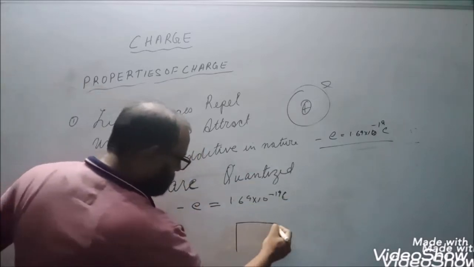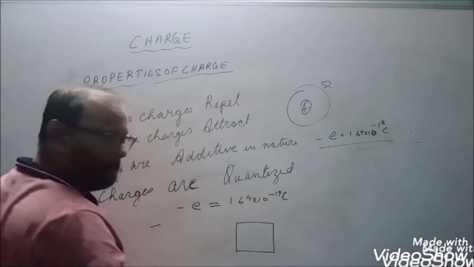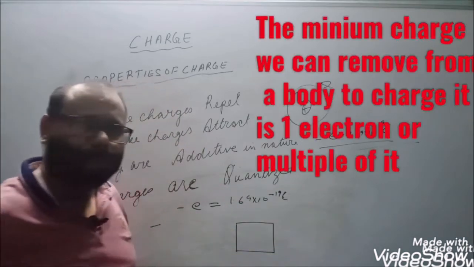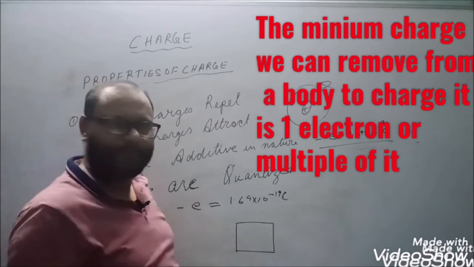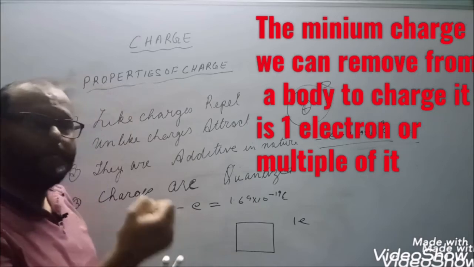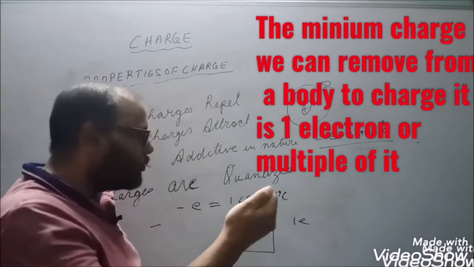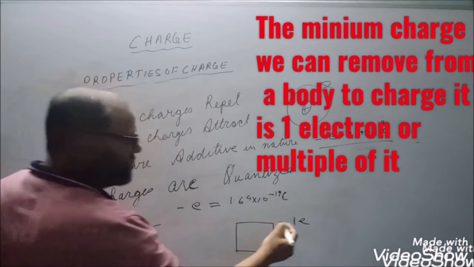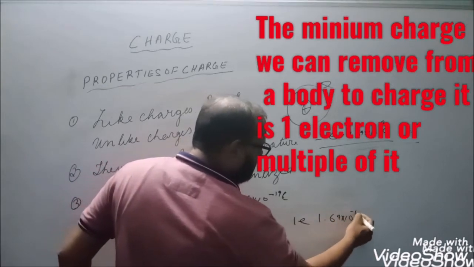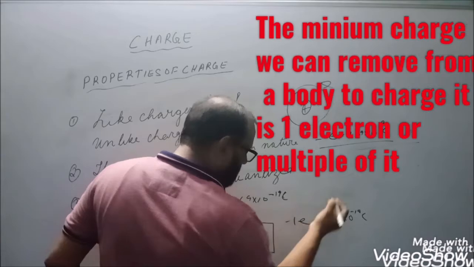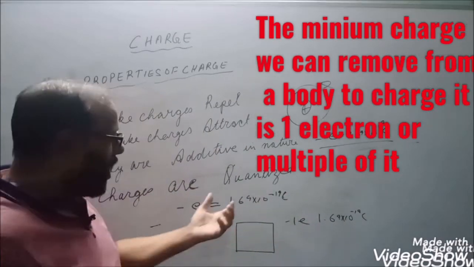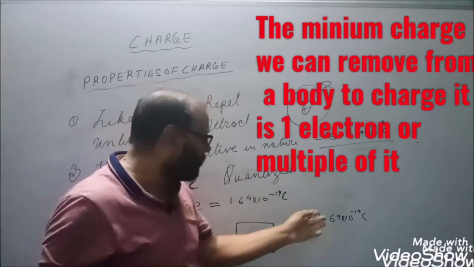Now, if you want to charge this body, how many electrons will I have to remove? Minimum, it is 1 electron. That means the minimum charge that I can remove from an extended body is 1.69 into 10 to the power minus 19 C. The minus gives me the negativity. How much can I remove? Minimum 1.69.